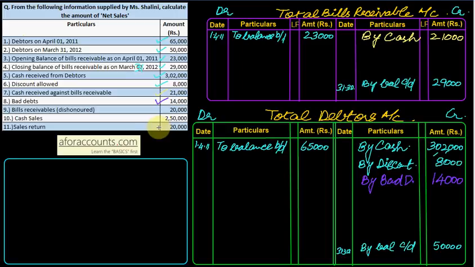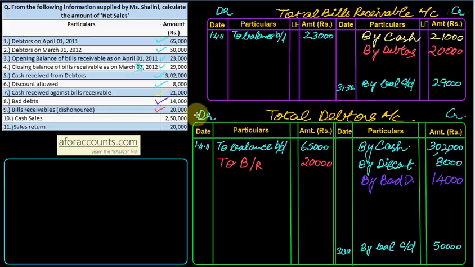Debtors again stand, because that is an asset, with a debit balance. Debtors account debit to bills receivable 20,000. In the debtors account, by debtors 20,000.